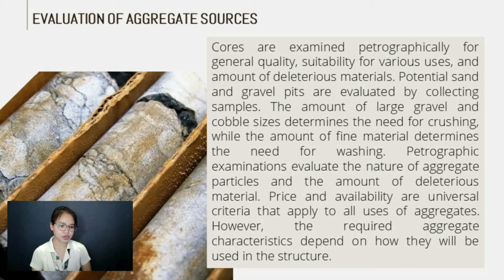Petrographic examinations evaluate the nature of aggregate particles and the amount of deleterious material. Price and availability are universal criteria that apply to all uses of aggregates. However, the required aggregate characteristics depend on how they will be used in the structure.